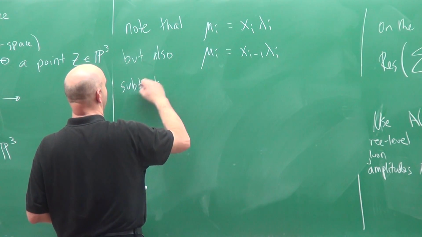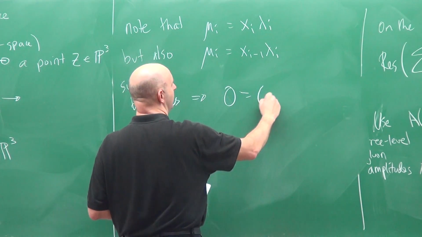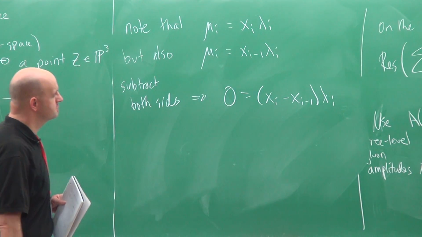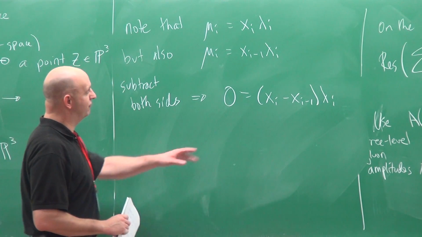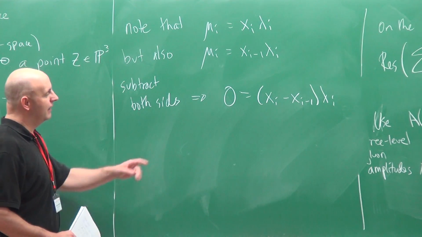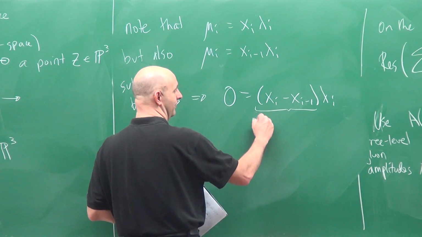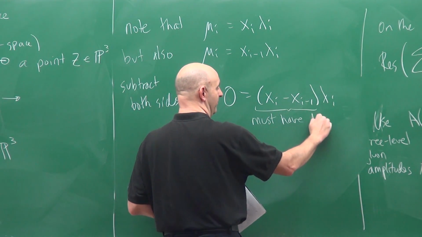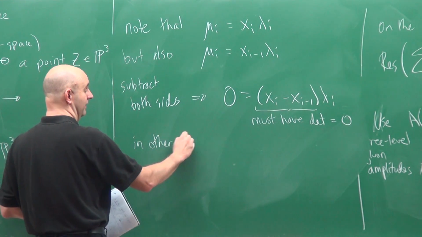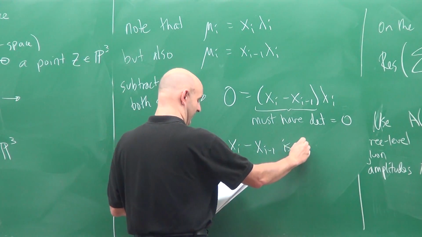So now subtract both sides. We find that 0 is equal to (x_i minus x_{i-1}) lambda_i. Now the only way this equation could be true, so remember again, this is a 2 by 2 matrix. That's a 2-component column vector. The only way that this can be true is that this 2 by 2 matrix must have determinant 0. Or in other words, x_i minus x_{i-1} is null.